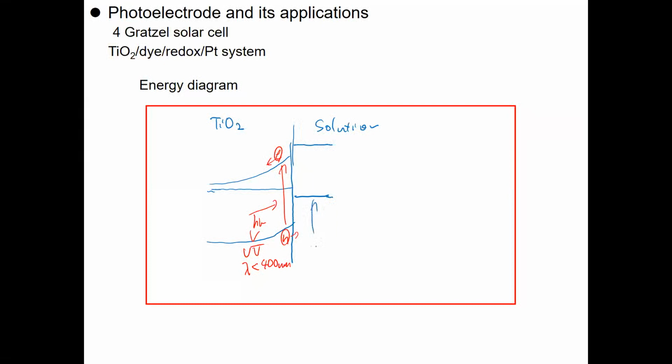And in many cases, at the initial study, a ruthenium complex was used, for example, ruthenium tris-bipyridine. And this can absorb visible light.